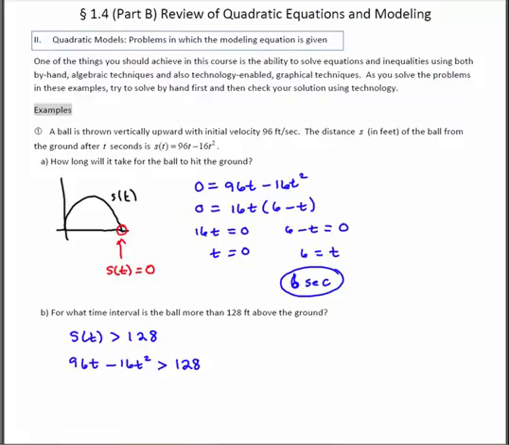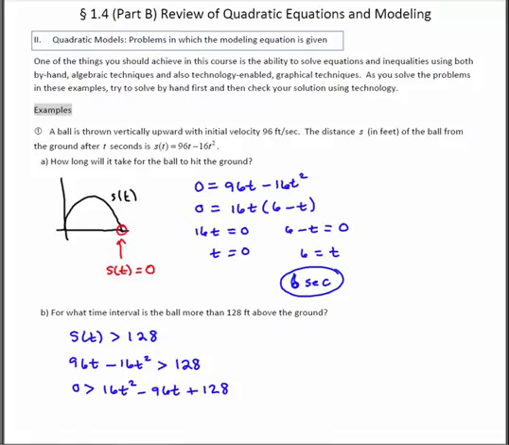It would be a good idea to get this inequality to have 0 on one side. And so I'm going to move everything over to the right. I prefer to have that t squared term have a positive 16. So I would have 0 is greater than positive 16t squared minus 96t plus 128.